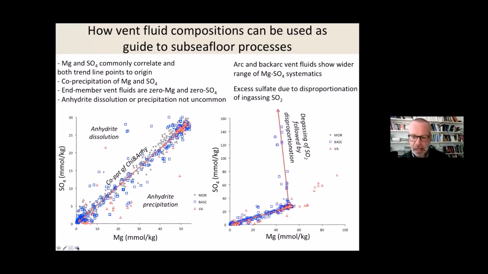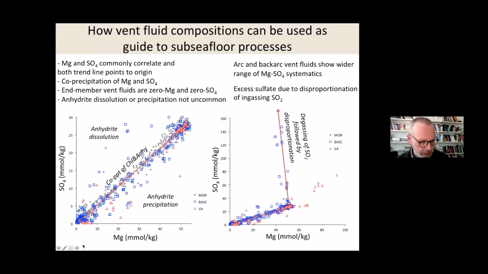Vents that have fluids with those types of compositions are heavily affected by degassing of sulfur dioxide, which when it meets with water disproportionates and forms H2S and native sulfur, and also sulfuric acid, which of course dissociates and makes these fluids high in sulfate and also highly acidic. That's why we call these fluids acid sulfate fluids.